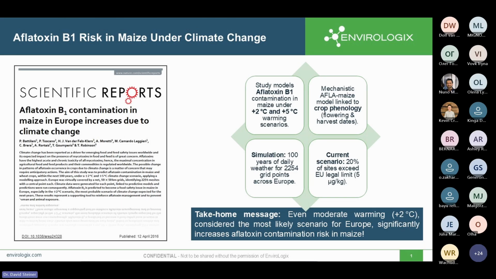And the results show that with even a moderate temperature increase of around plus 2 degrees Celsius, the risk of maize exceeding the European Union legal limit of 5 micrograms per kilogram increases significantly.